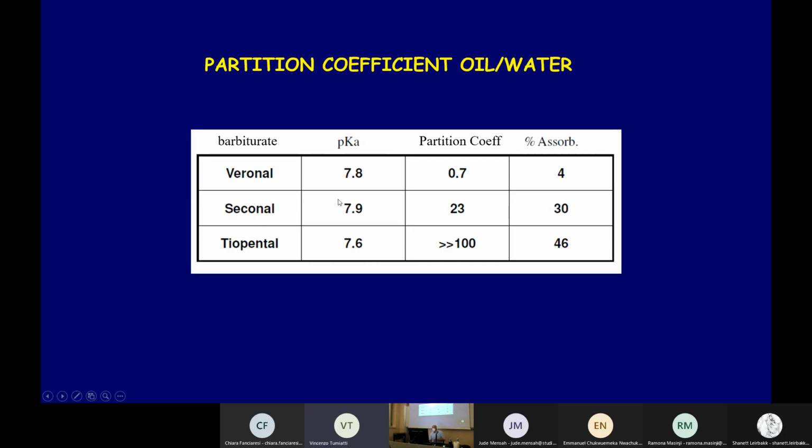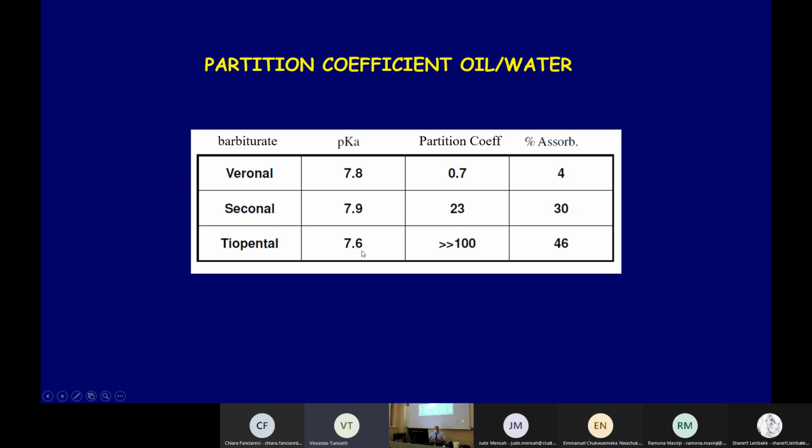Here you can see some examples of barbiturates, once again, because the barbiturates class is very famous. A lot of investigation was performed on this type of drugs. You see veronal and seconal are all barbiturates.